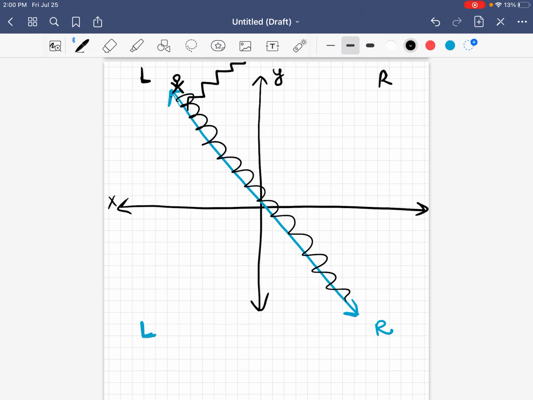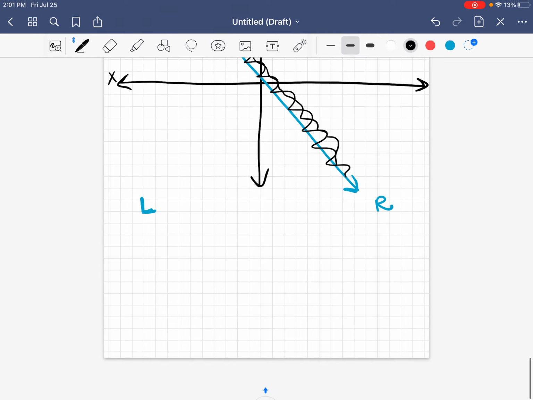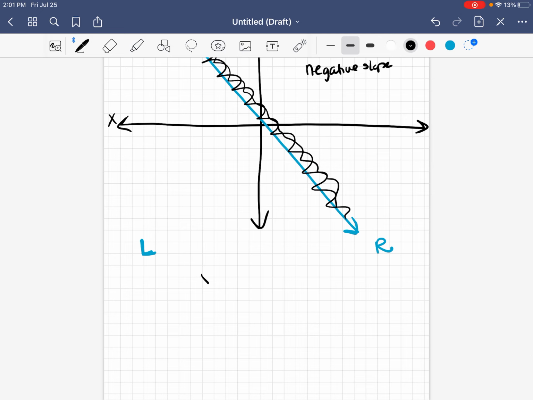So if you draw your person on the left side and they're going down a hill, then that means you have a negative slope. If you draw your person on the left side and they're going up the staircase when they follow the line, that means you have a positive slope. Again, what does that mean in terms of an equation? If I have y equals negative 4x plus 5, I know that my line has to be going down, because it's a negative slope.